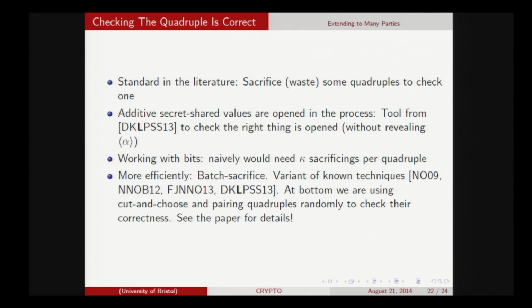But now, because we are working with bits, we have to repeat this process many times to achieve real soundness. Or alternatively, you can do it in a batch fashion. So you check many quadruples in one go. And that gives you a better way to do it, in a way. OK, so if you want to see the details, just look at the paper.